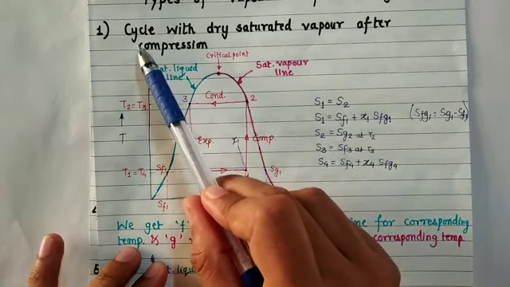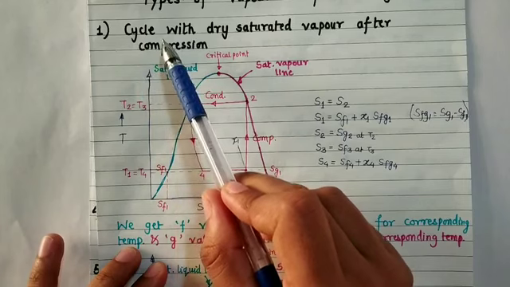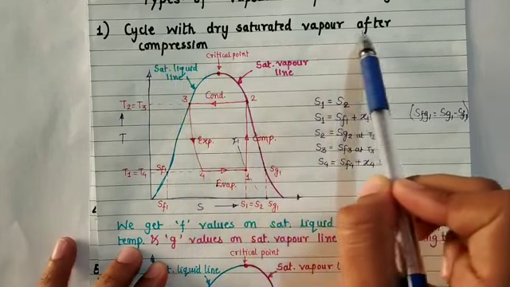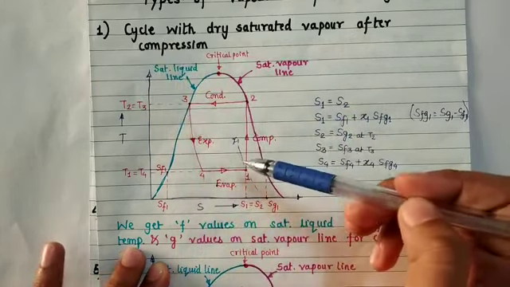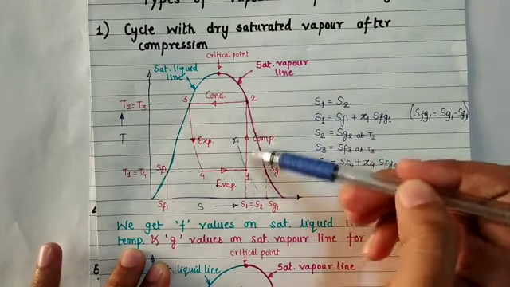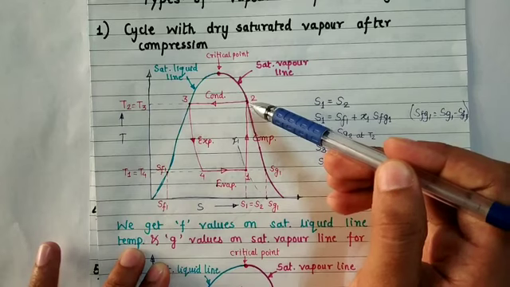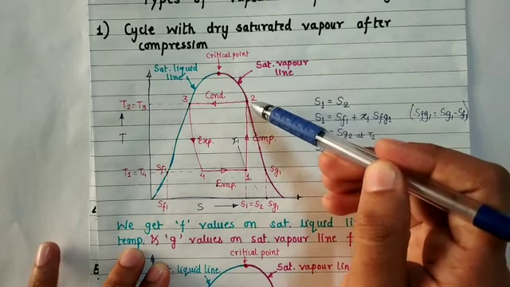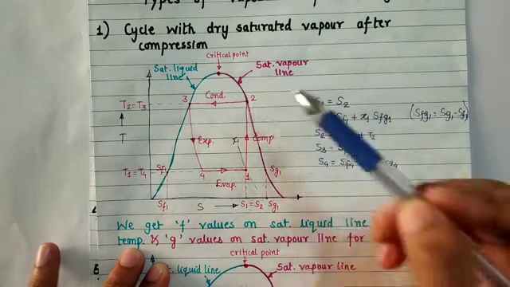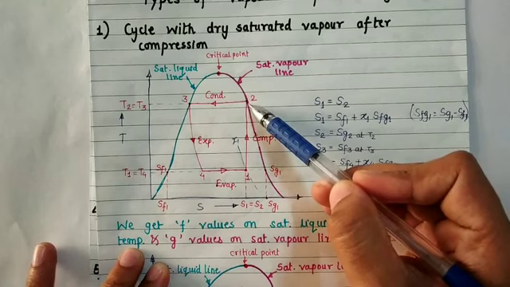Now the condition which is given is cycle with dry saturated vapor after compression. So we know that process 1 to 2 is of compression. So point 2 is the point after the compression process. We know the condition of point 2 that it is dry saturated.